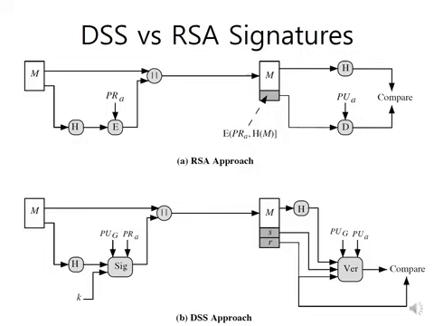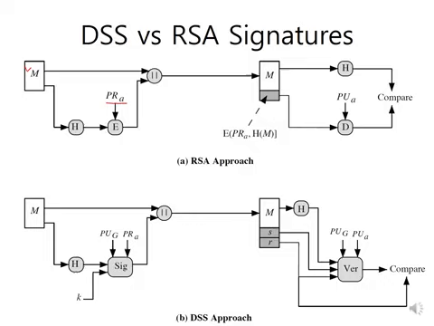This figure shows the DSS and the RSA signature. Let's see the RSA case first. Given the message M to be signed, on the basis of the hashed value of the message M, we encrypt it using the private key of the sender, and then this will be the signature. Then the message M and signature are concatenated together.